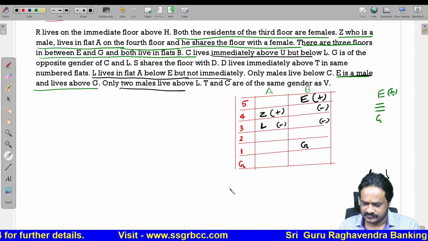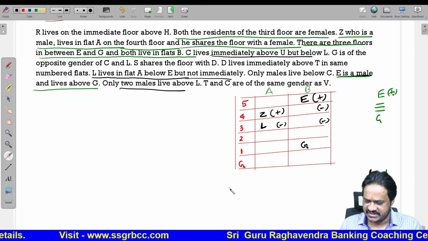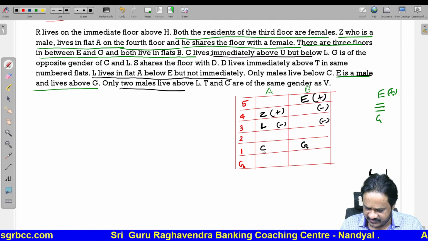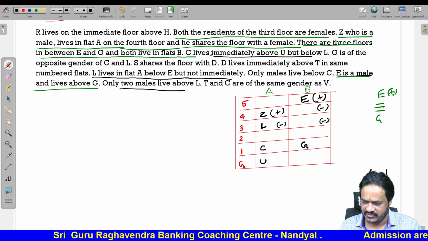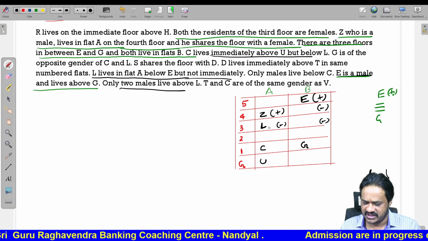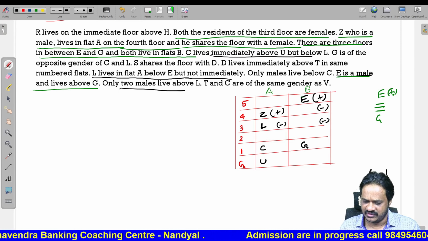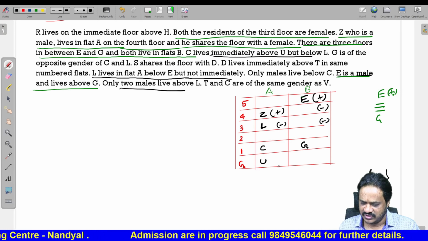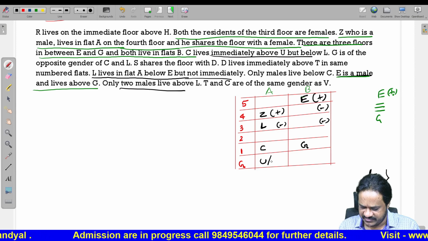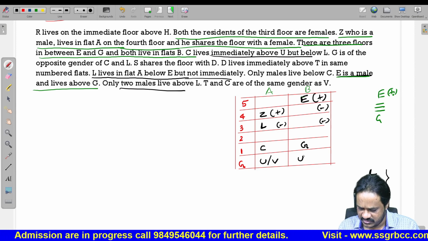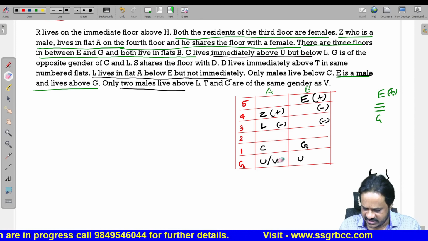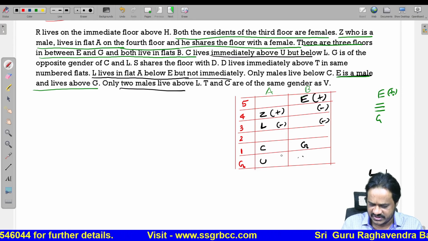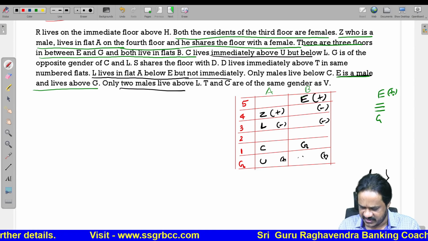C is living immediately above U but below L. Then only males live below C, so here we will get plus or plus.